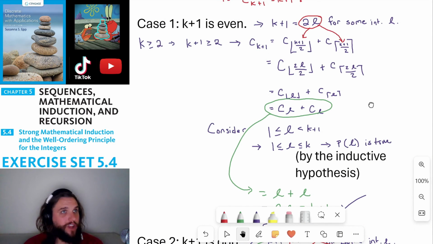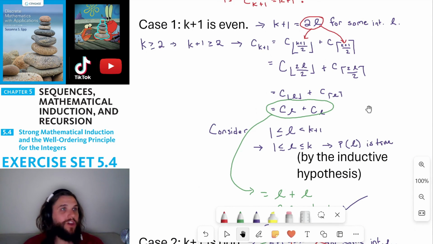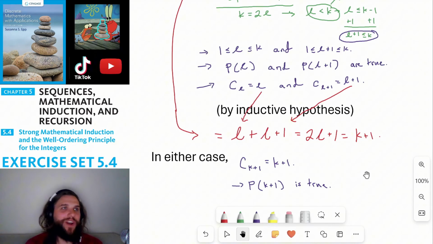I will say, though, for case 1, there is no reason why we needed two base cases for this part, because we only had C sub L and C sub L, and L is just one integer. And so we only needed to apply the inductive hypothesis to one case specifically, one P of i. Anyways, thanks everyone, and I'll see you in the next video.